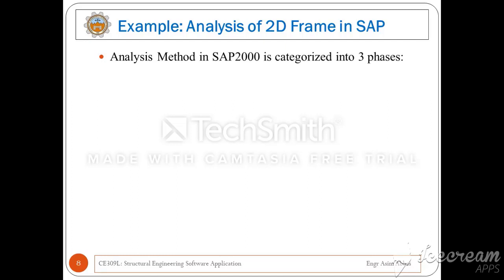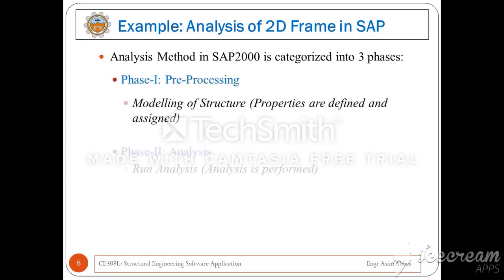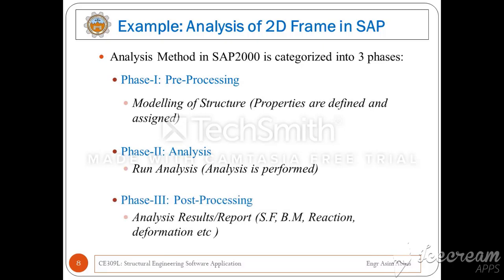Analysis method in SAP 2000 is categorized into 3 phases: phase 1, phase 2 and phase 3. Fine. Phase 1 is called the pre-processing phase, where different structure properties are defined and assigned. Second phase is related to analysis, where different load cases are set to run. Right?